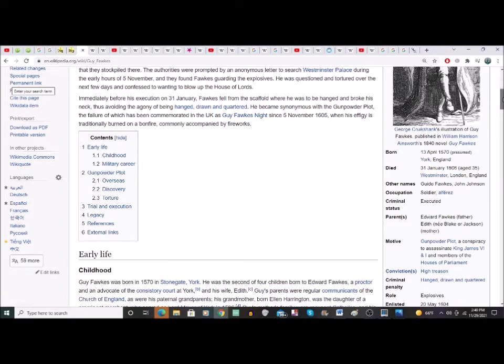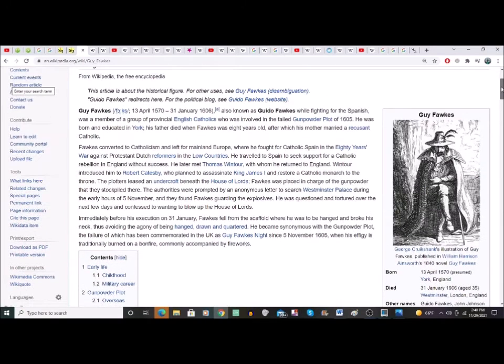This is the guy that wanted to take out the Houses of Parliament. Anyway, he wanted to get the king back in charge. He wanted to put a Catholic back, and the cathode is the positive symbol, yeah?